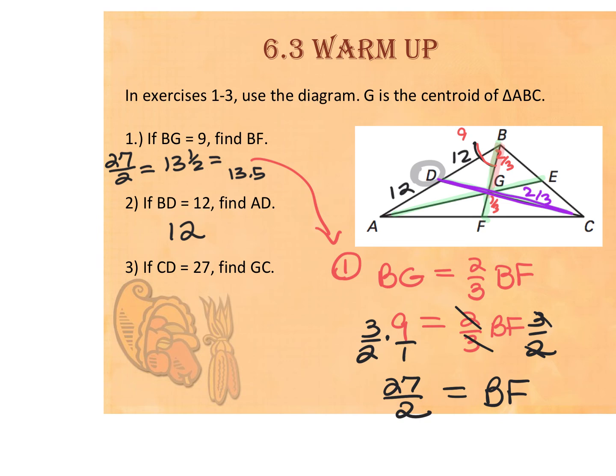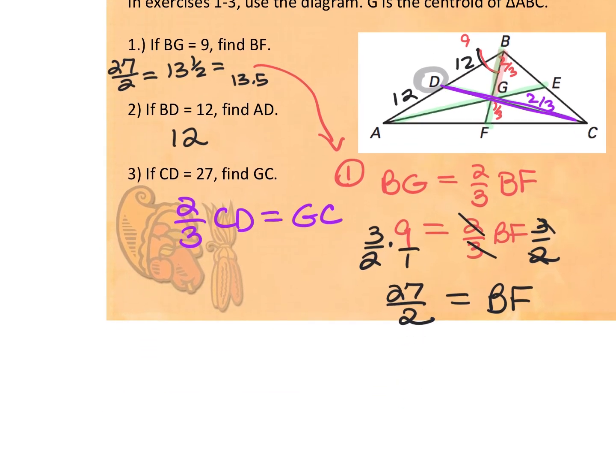So I'm going to set this up as 2/3 of the length of CD is equal to GC. I'm given CD, so 2/3 times 27 over 1. I'm just going to add a 1 to the denominator so I can multiply these fractions. I'm going to simplify diagonally here.